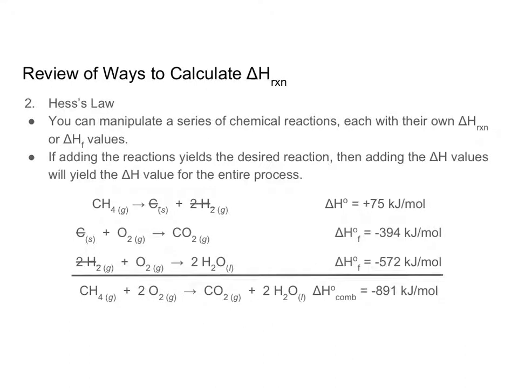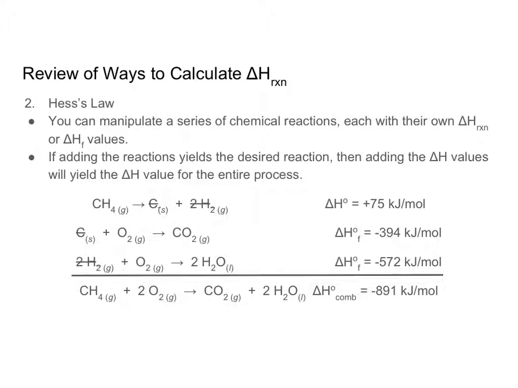Moving forward, we can also calculate the change in enthalpy of a reaction by using Hess's law, in which case we can manipulate a reaction going in one direction to help eventually get us the actual reaction we're looking for.